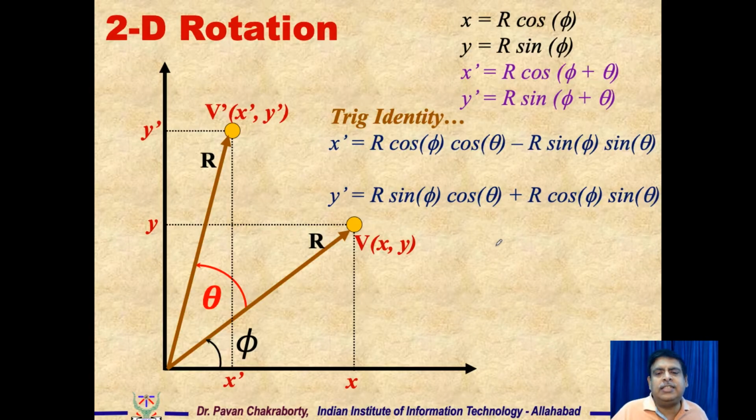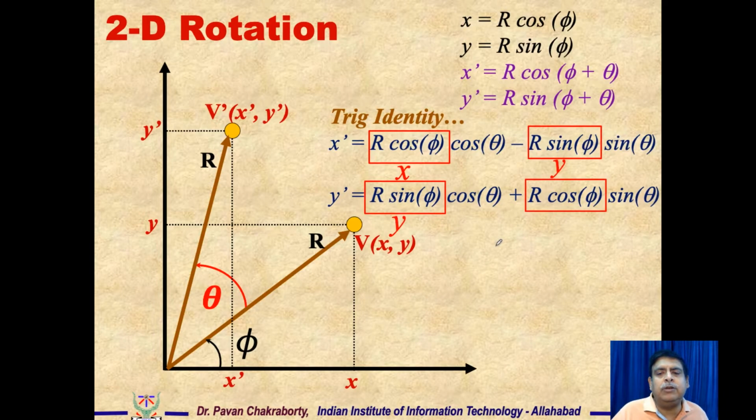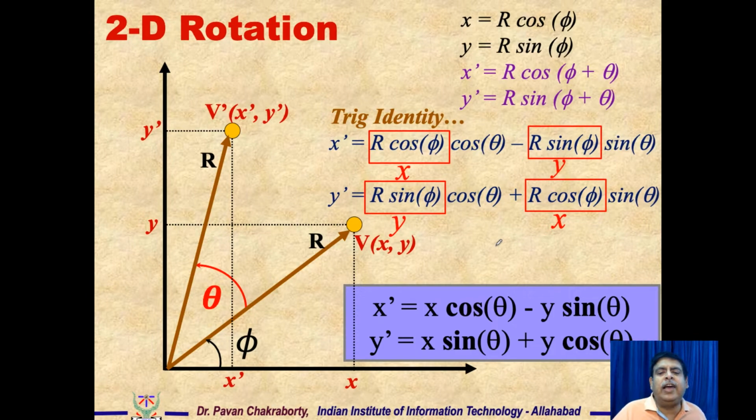If we notice these two equations carefully, we see that r cos phi is equal to x and r sin phi is equal to y. Obviously, if we replace these quantities by the first set of equations, we get the final equation of x prime and y prime as a function of x and y, which is a linear superposition of x and y biased by a trigonometric function of sine and cos.